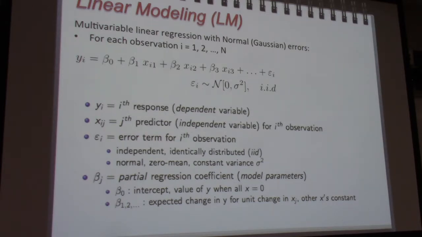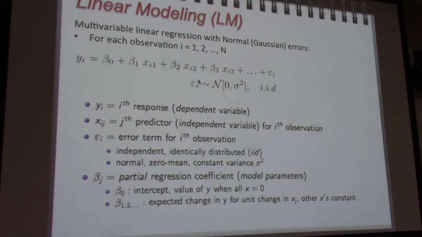So I try not to show you equations except where they're helpful, but here's the standard regression equation for the ordinary least squares linear model. We have n observations, which we're going to index by i. For each observation, we have a y value, which is the dependent variable. We also have a bunch of x's, which are the independent variables or the predictors. And each x has a beta attached to it, which we'll talk about in a minute.